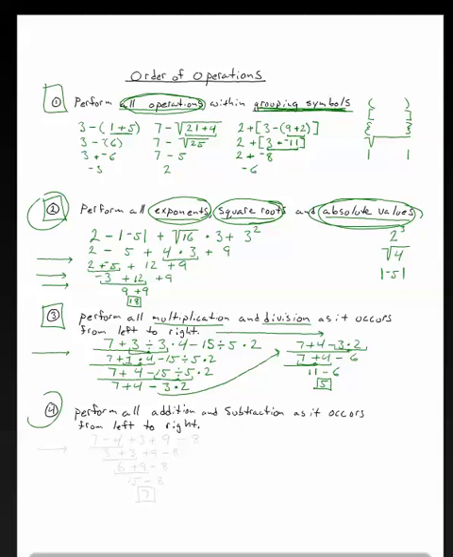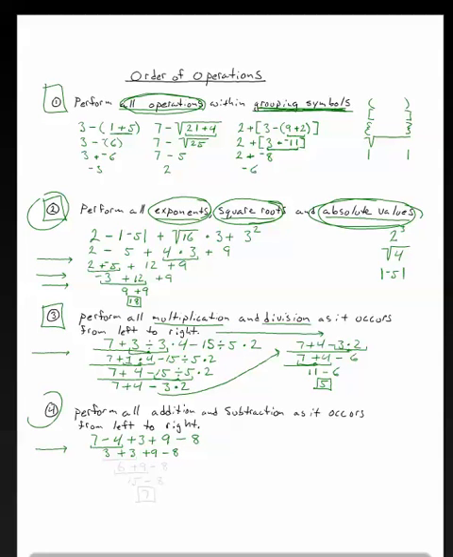So for instance, if I have 7 minus 4 plus 3 plus 9 minus 8. I go from the left to the right, and I do the first subtraction or addition that I see. So the first subtraction or addition that I see is 7 minus 4, which is 3, plus 3 plus 9 minus 8.